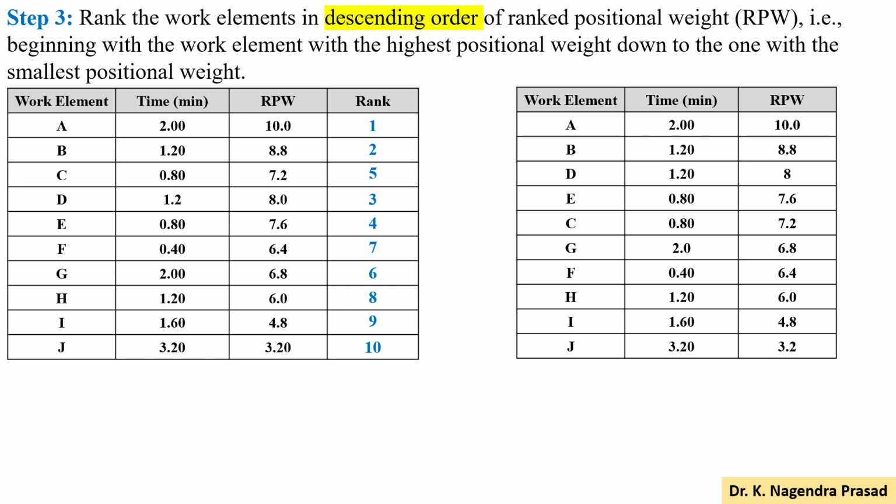So first rank is for work element A, so it is first. Next, the second one is B, the third one is D, the fourth one is E, and the fifth one is C. The next one, rank 6, is G, and the seventh is F. The eighth is H, the ninth is I, and the last one is J. So I have to rearrange the work elements according to their ranks.